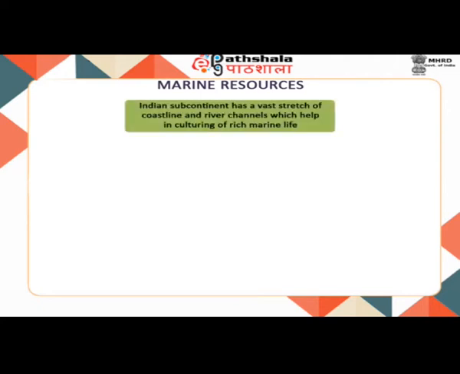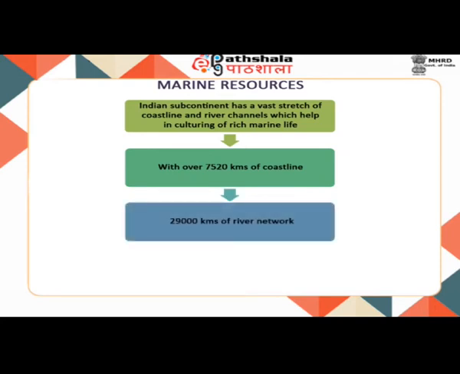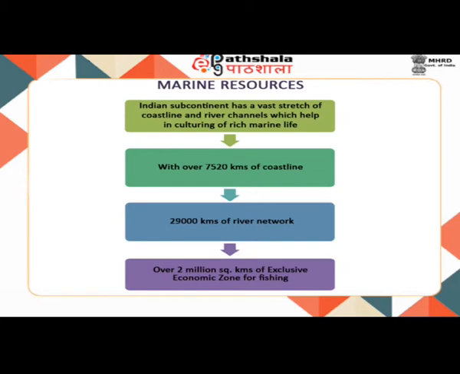The Indian subcontinent has a vast stretch of coastline and river channels which help in the culturing of rich marine life. With over 7,520 kilometers of coastline, 29,000 kilometers of river networks, and over 2 million square kilometers of exclusive economic zone for fishing, India is fast exploring this potential on this front.